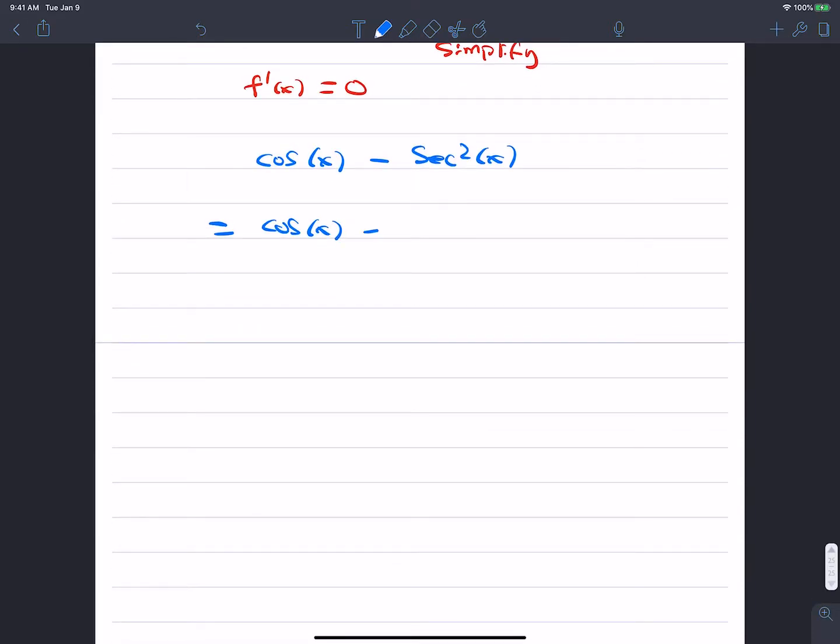What's the definition of secant, really? The secant squared is the same as writing that to the second power. What's the reciprocal identity? Is that 1 over cosine? You guys okay with that?